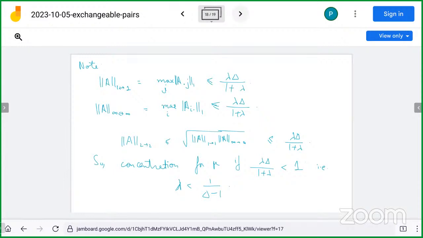You look at the uniform distribution over all proper colorings, which means that no two adjacent vertices have the same color. If you do the same calculation for that model, you end up with Q bigger than 2 delta plus 1.